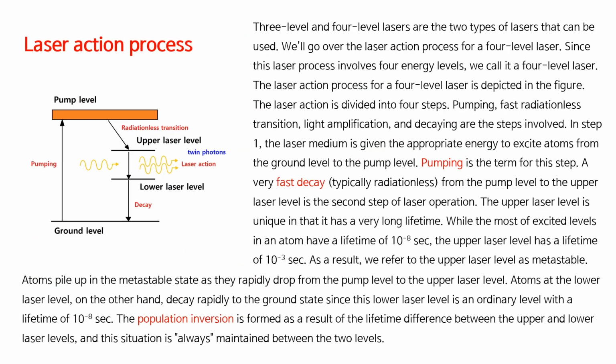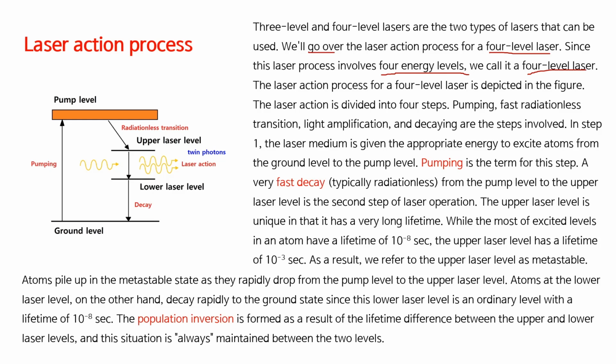Now let's see the laser action process. 3-level and 4-level lasers are the two types of lasers that can be used. We will go over the laser action process for the 4-level laser. Since this laser process involves 4 energy levels, we call it a 4-level laser.